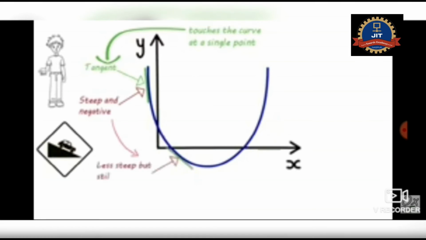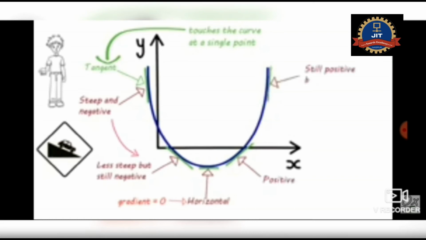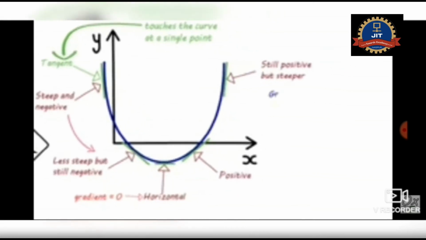Moving to the bottom of the curve, the tangent is horizontal and the rate of change is equal to 0. Now moving to the right side of the curve, the rate of change is positive. So as you can see, the gradient or rate of change is constantly changing.